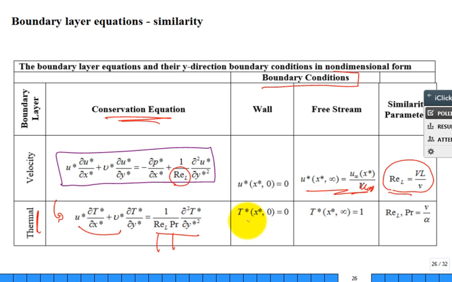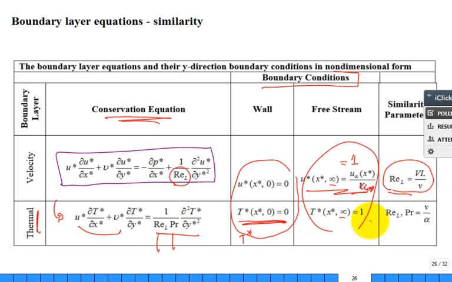You then look at casting the wall condition, you get the T asterisk, or theta as I like to call it, equal to 0. Look at that, very similar, isn't it? U and T asterisk, very similar. And then here, instead of U asterisk being equal to 1, you get that T asterisk is equal to 1 far away in the fluid. Very similar boundary conditions.